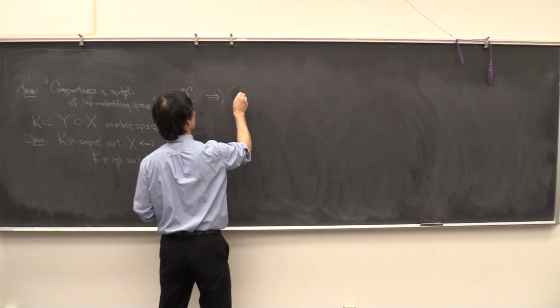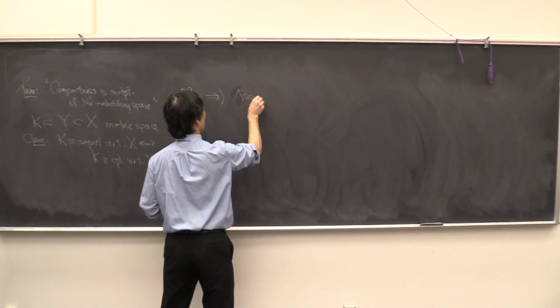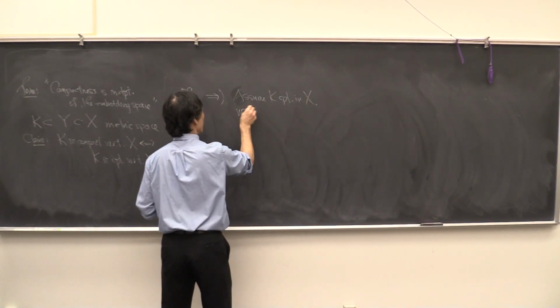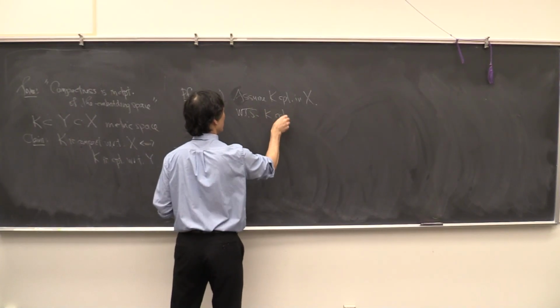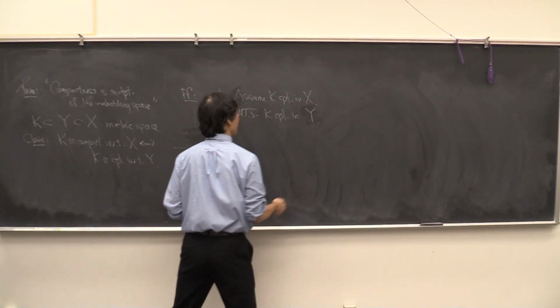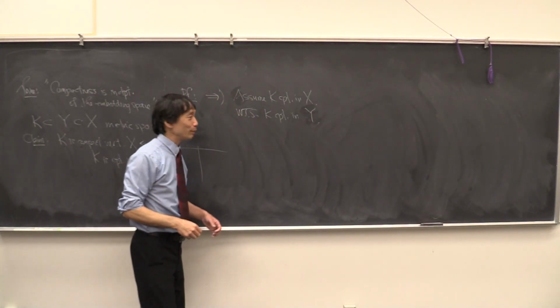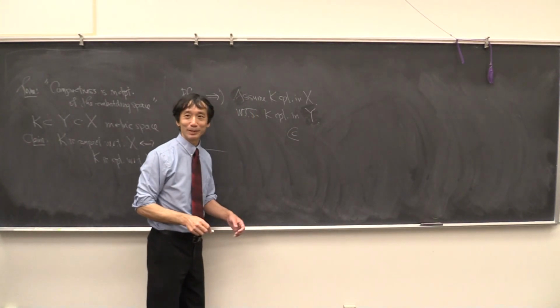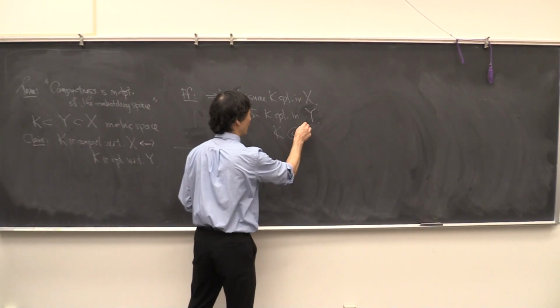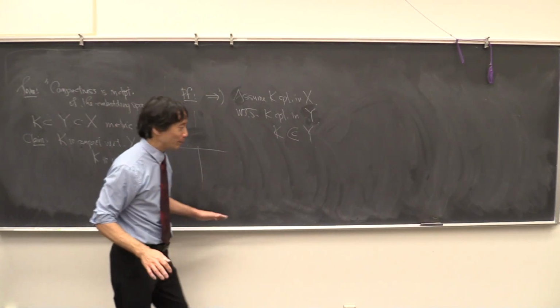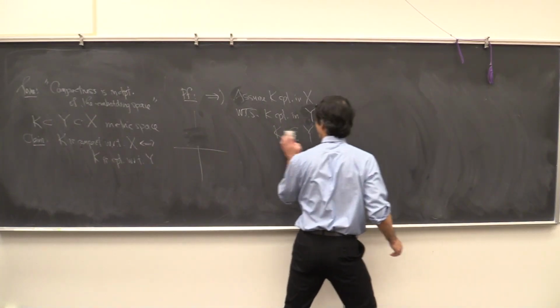So assume K is compact in X. Want to show K is compact in Y. Those of you who like obscure notation, sometimes people write compact like this. I've only seen it once or twice.